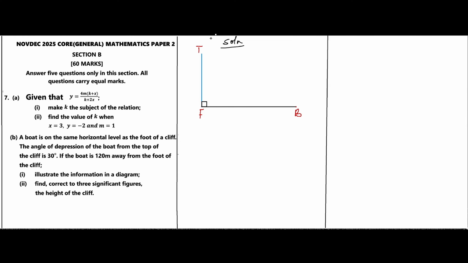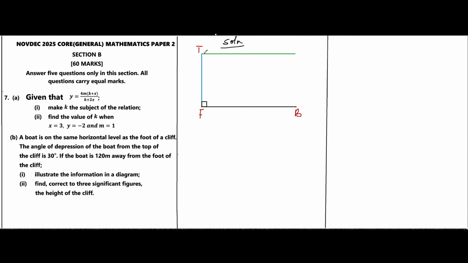And T represents the top of the cliff. Now we are told that the angle of depression of the boat from the top of the cliff is 30 degrees. So first of all, let's represent our horizontal line of sight.